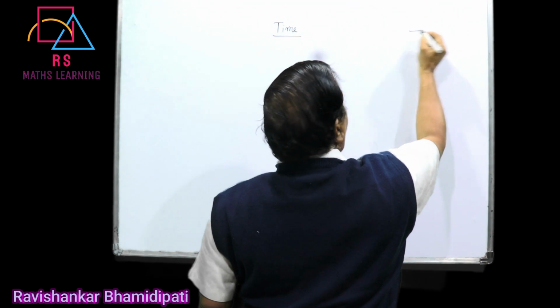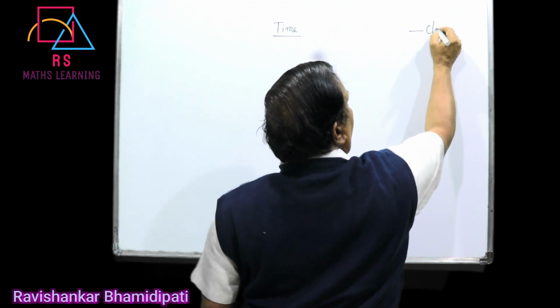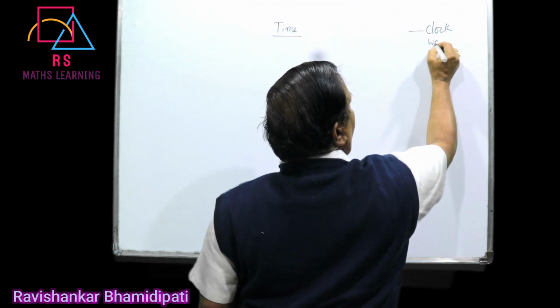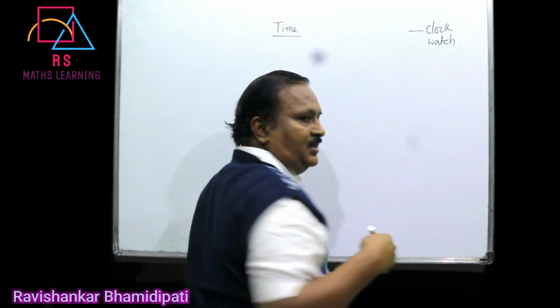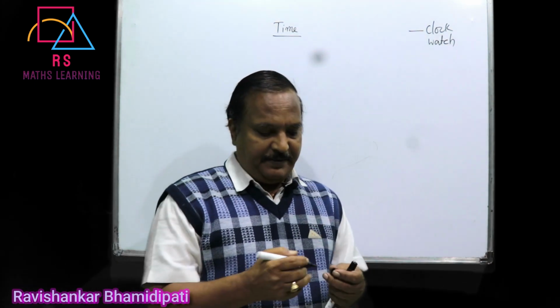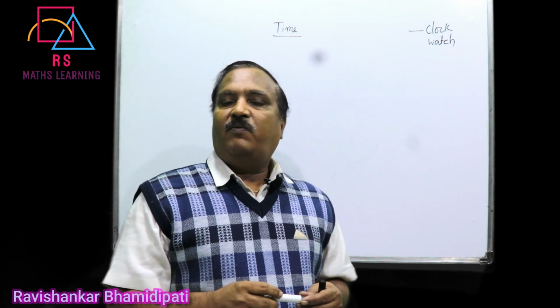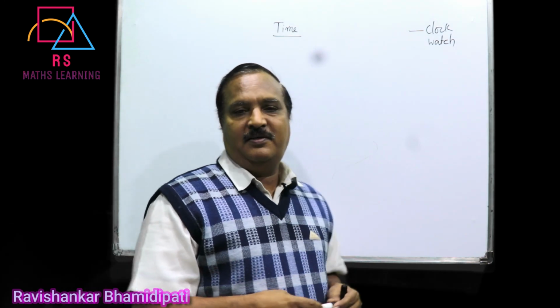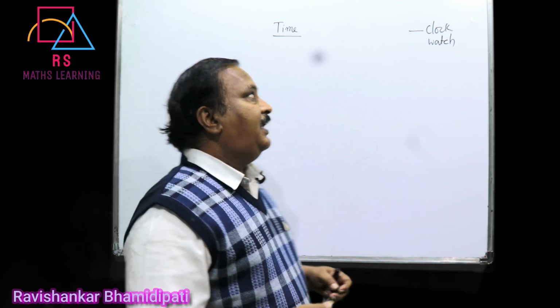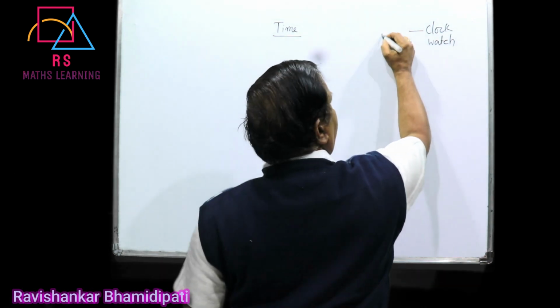So we use clock, watch to measure the time, to count the time. Okay, watch, clock, right? And how do you measure? What is the unit? This is the instrument.